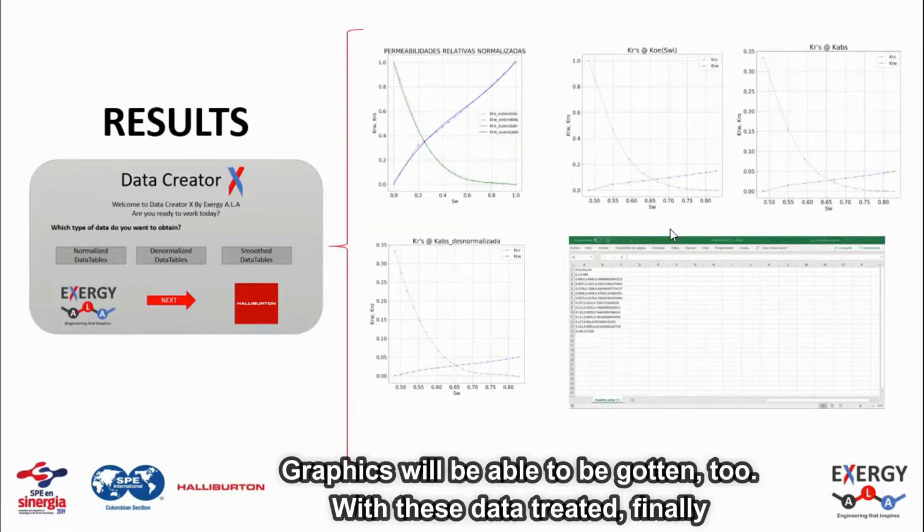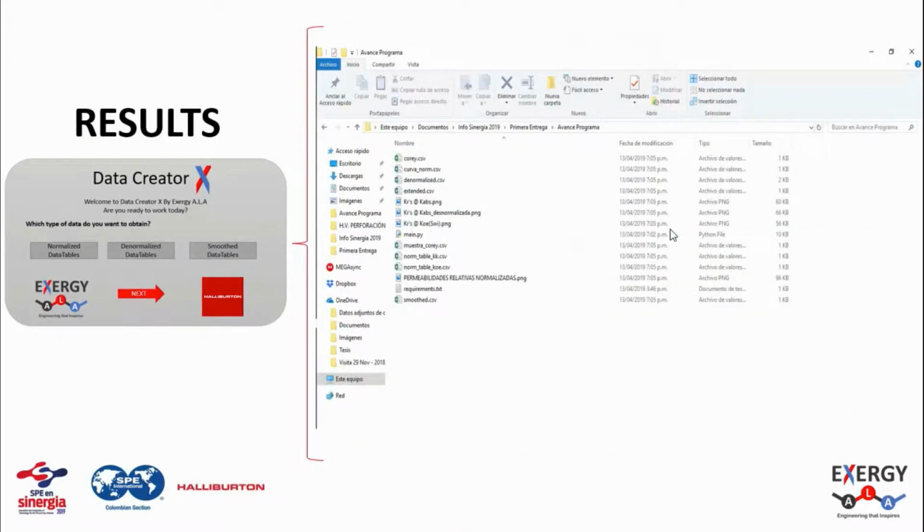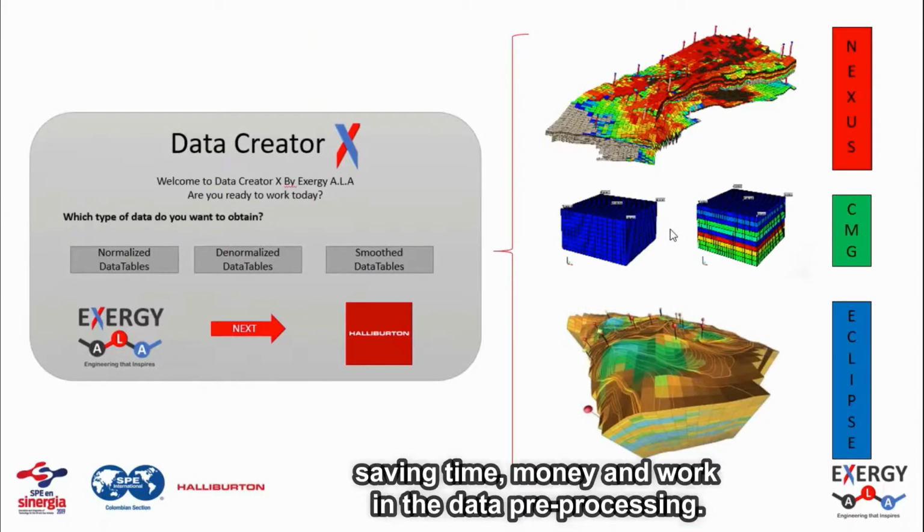Graphics will be able to be obtained too. With this data treated, finally you will be able to start your simulation process, saving time, money, and work in the preprocessing of the data.